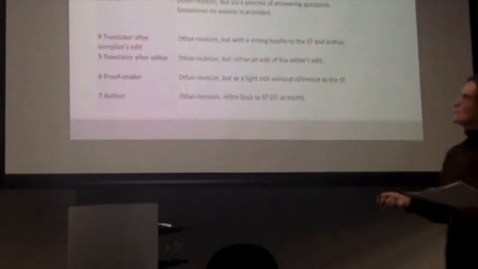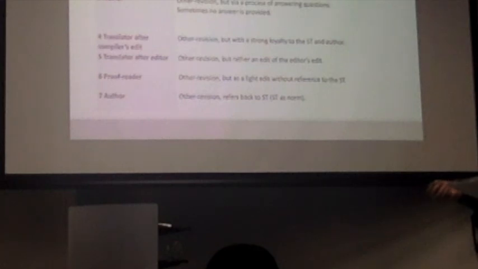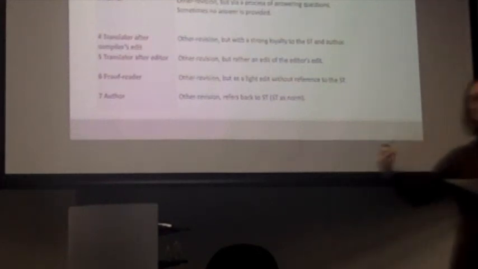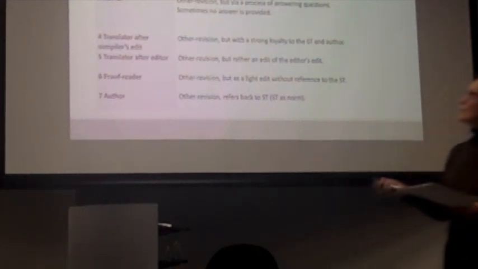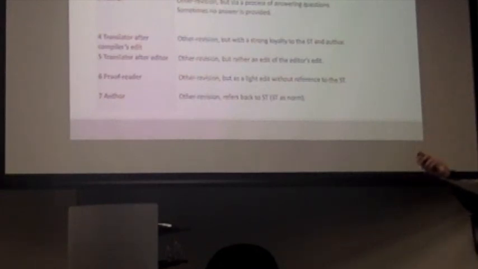The third text and the last text. Here you have the translator's initial self-revision, but she relies strongly on the dialogue with the author. Translator additional comments on aspects outside of the translation, for example, the content. The author, other revision, but only answering the translator's questions.